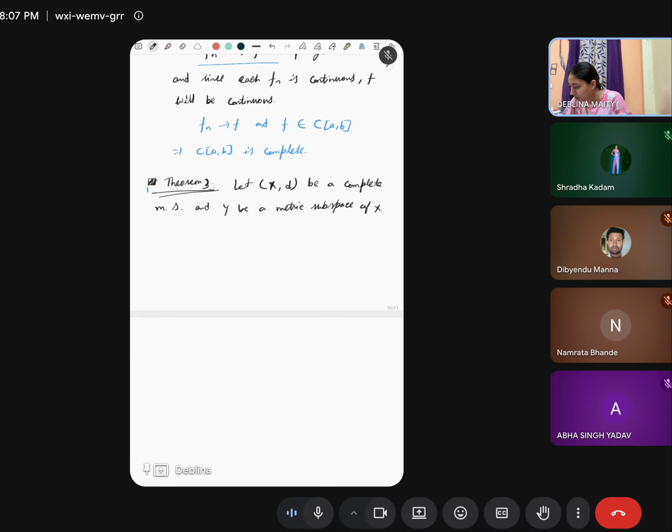So Y with the subspace metric, this dY, is complete if and only if it is closed in X. If that subspace is closed in the whole space, then it will be complete.